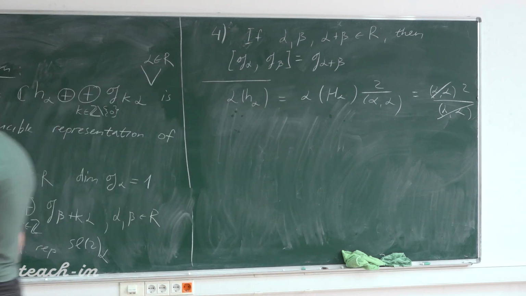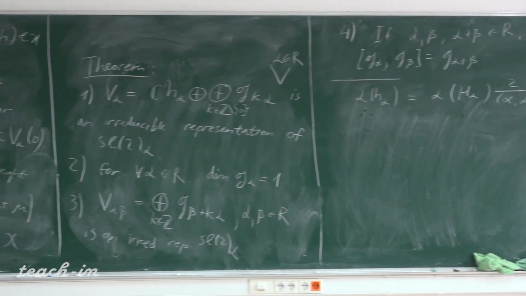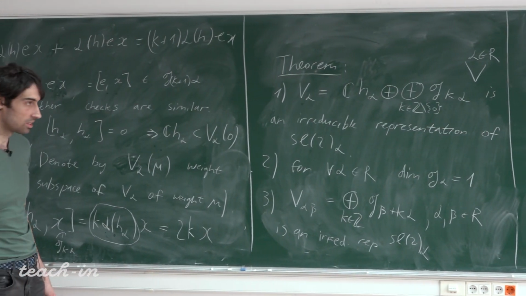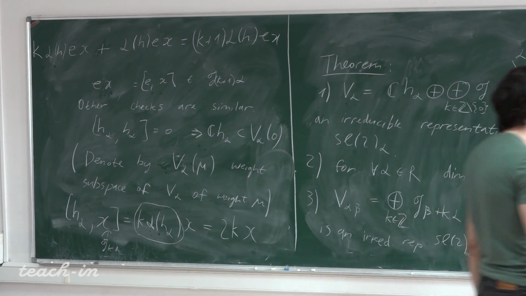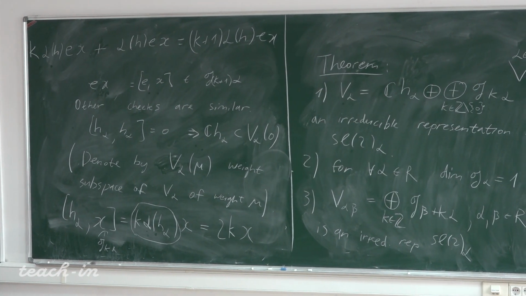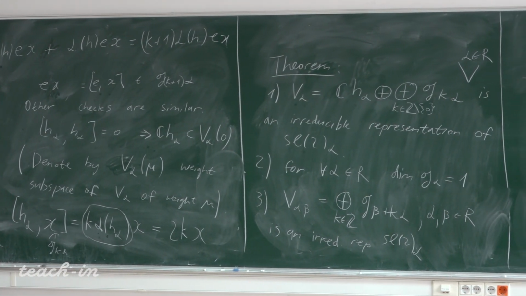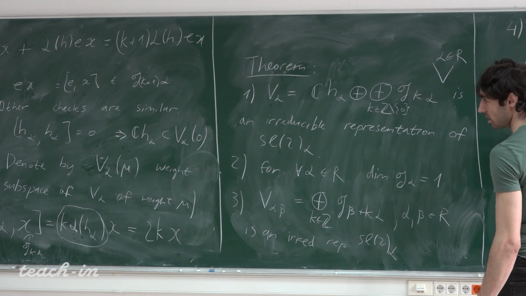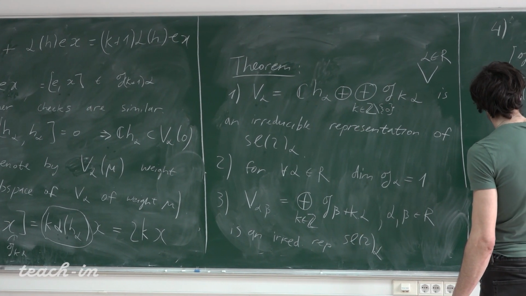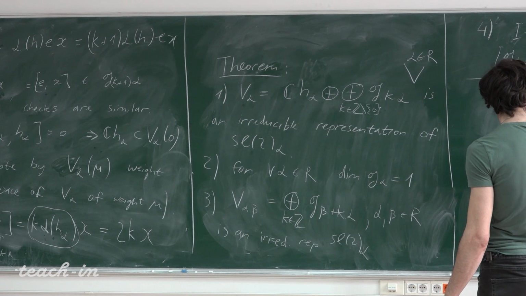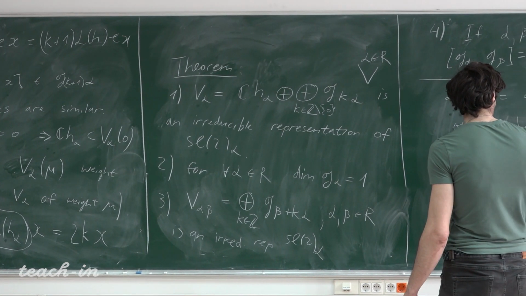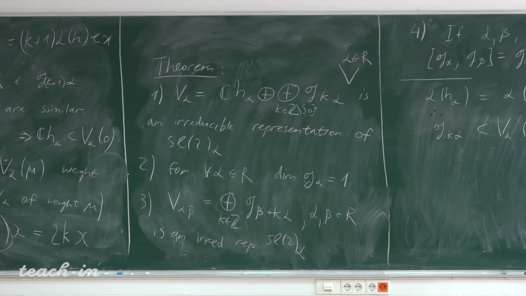So actually, what I have here is 2kX. Therefore, we checked that g k alpha is inside V alpha with the weight 2k.